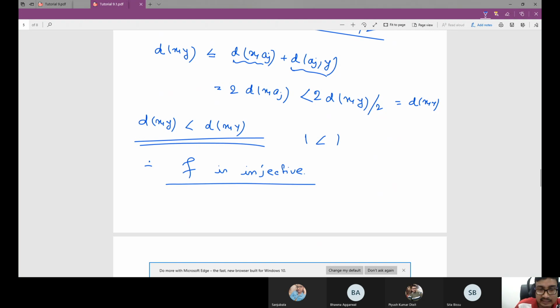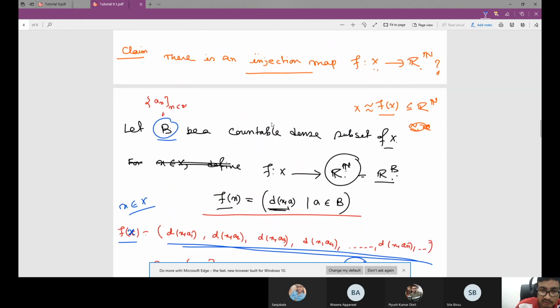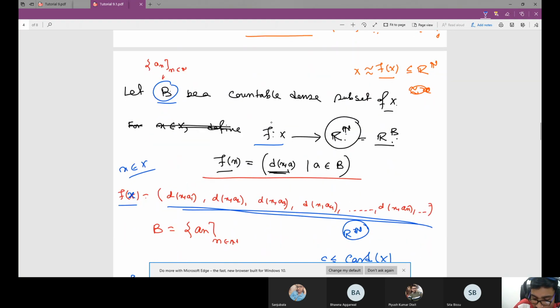Whenever f is injective, where f is a function from X to R power n, what does it mean? It implies that the cardinality of X is less than or equal to the cardinality of R power n.